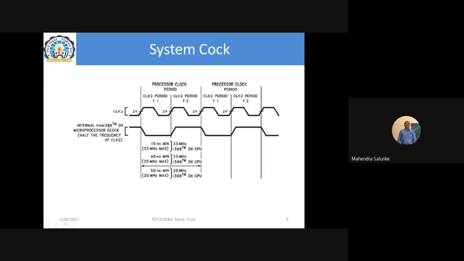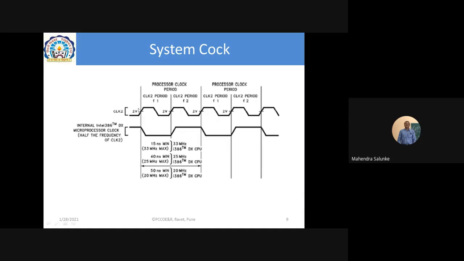This internal microprocessor clock will be half of the input frequency that we applied on CLK2. As per the specification, it is expected to apply CLK2 at twice the processor frequency.